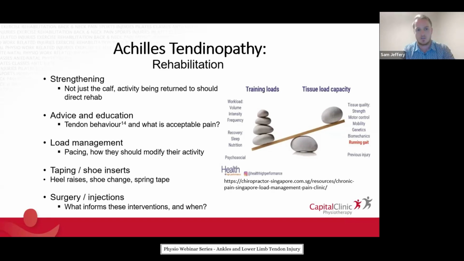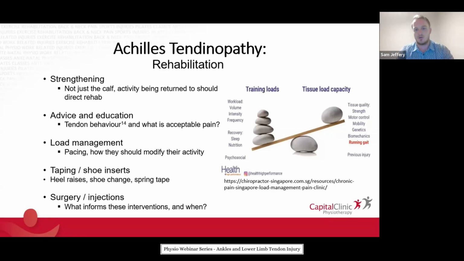And again, Dr. Zafar can talk to what might inform these interventions and when he might think that that's a reasonable place to go. But largely when it comes to tendinopathy, particularly of the Achilles and lower limb, my experience with patients is that almost all of them go back too soon, whether that's physiotherapy led or healthcare professional led or the patient has made that decision, and they will typically represent later on.